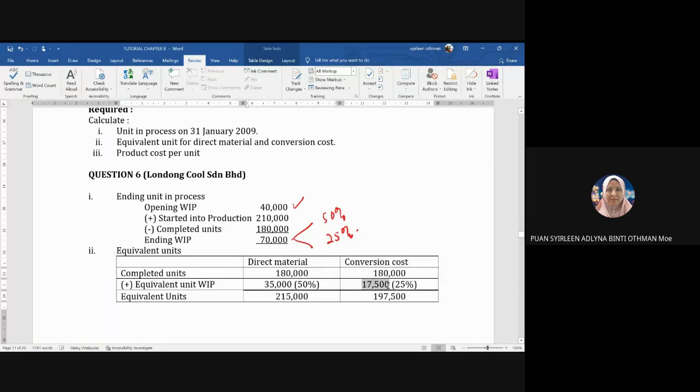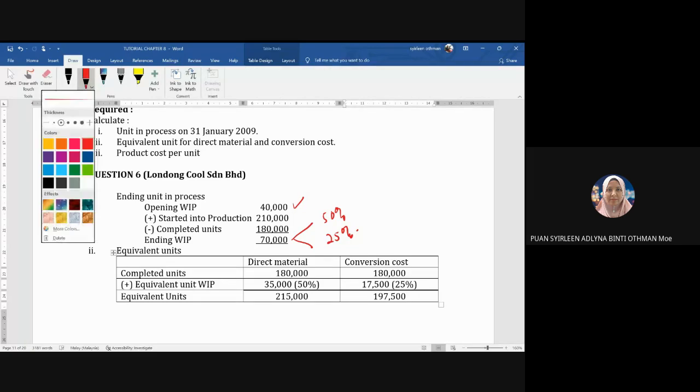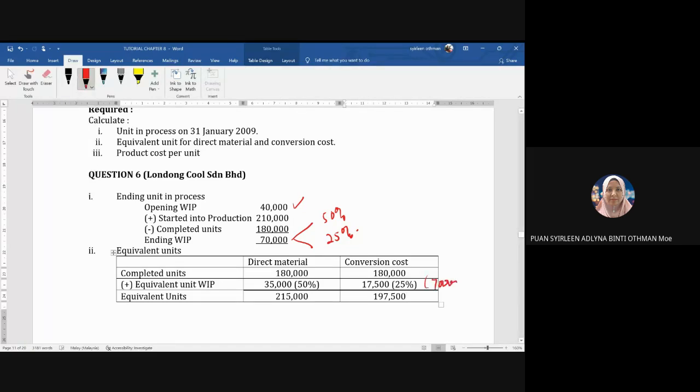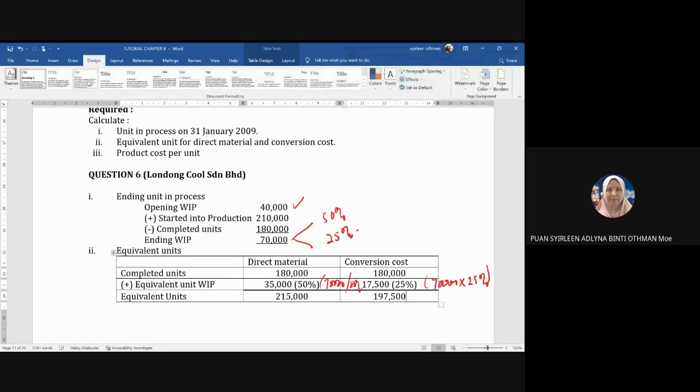Yang ni 70,000 darab 50%. Yang ni ialah 70,000 darab 25%. Okay? Boleh? This is 70 times 25%. Yang ini ialah 70 times 50% lah. So dapat equivalent unit.